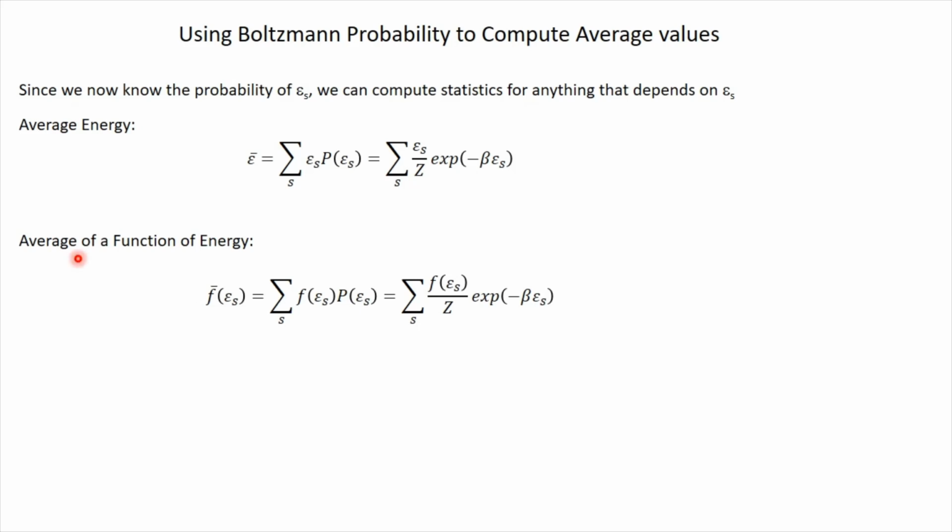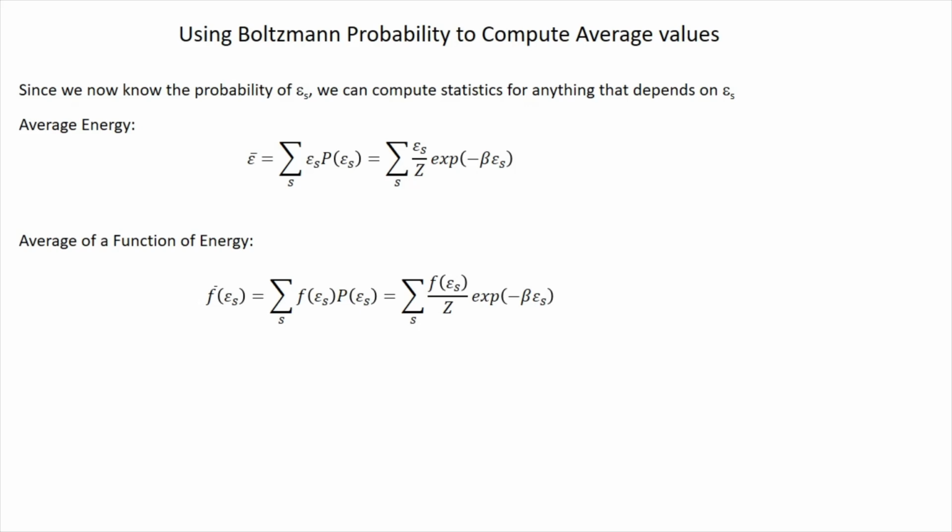But we can also say that more generally, we can compute the average value of any function of the energy levels by doing the same thing: multiply the function by the probability of each energy level and sum over all the states. And so it looks sort of similar. So the average energy is just a special case of the more general F-bar calculation.